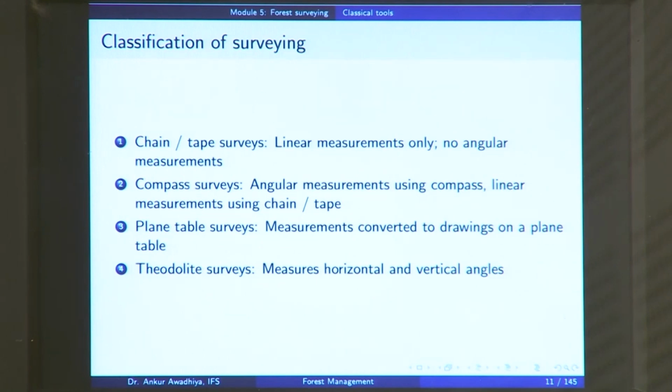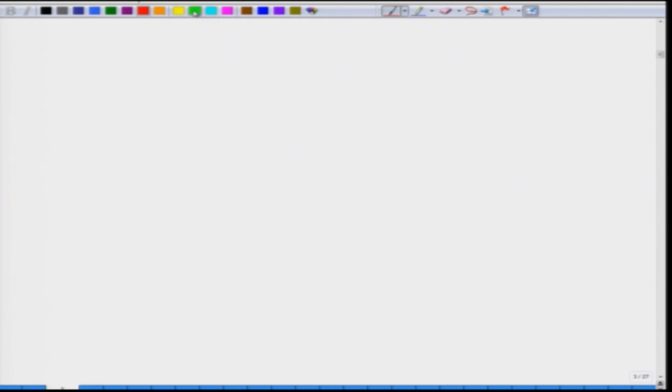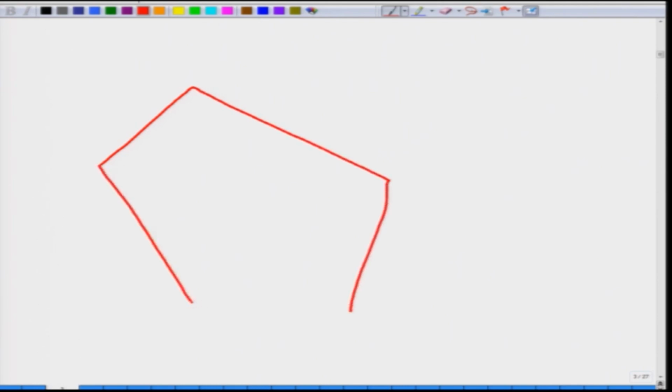Now, what we are doing here is that suppose you have a field that has, say, this shape. In the case of your chain survey or a tape survey, what you will do is first of all begin with a reference line.